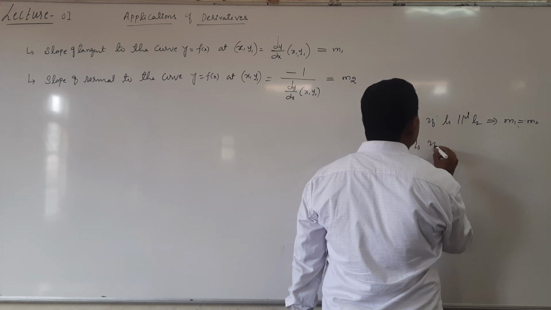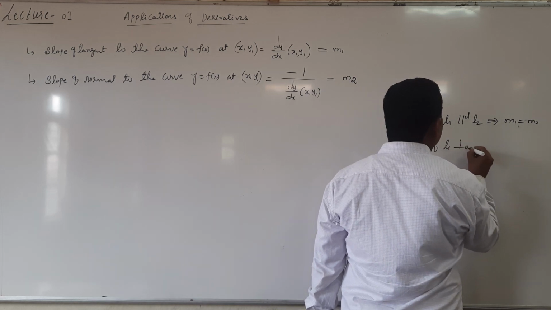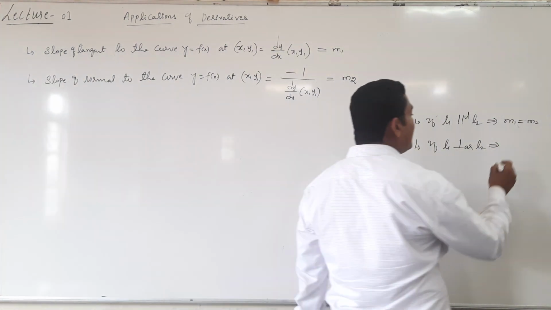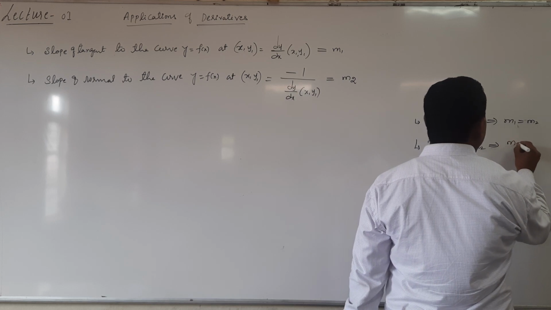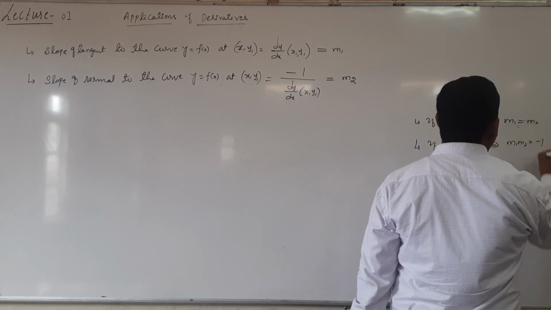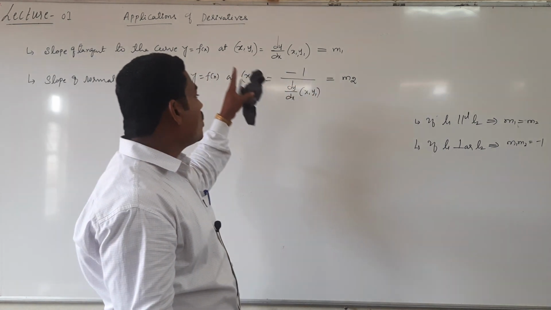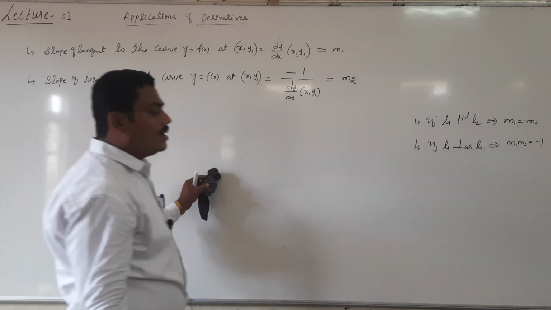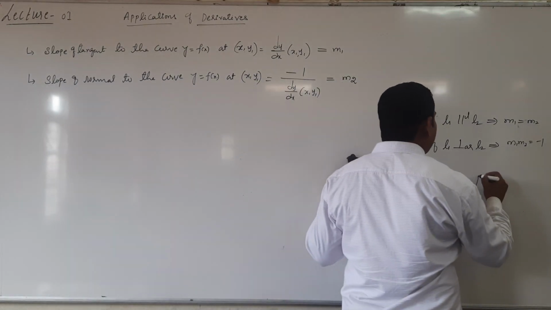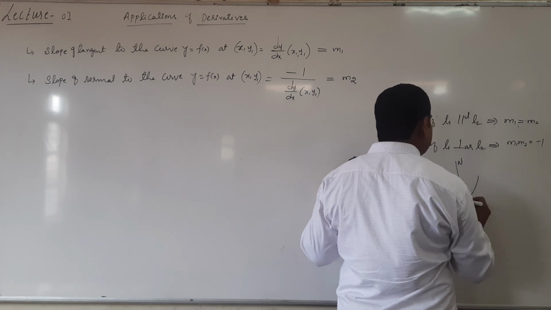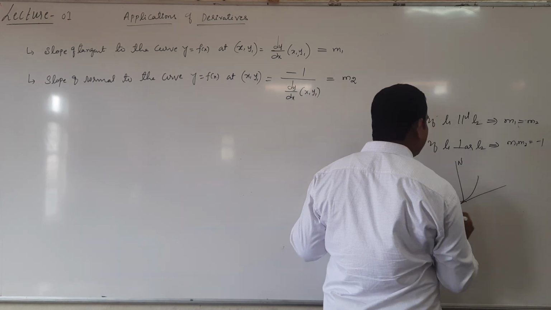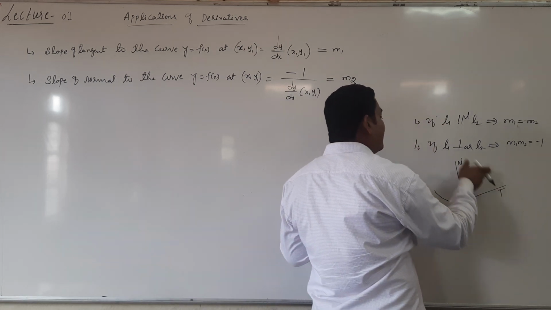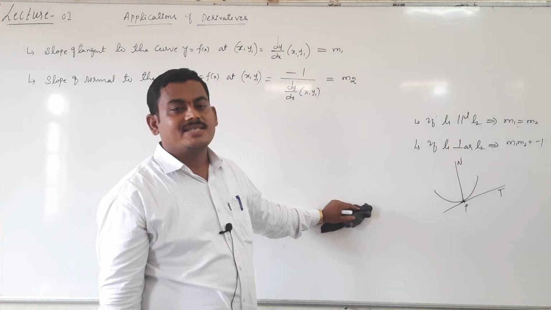One more point: if L1 is perpendicular to L2, if two lines are perpendicular, then the product of slopes is equal to minus 1. m1 into m2 is equal to minus 1. Similarly, slope of the tangent into slope of the normal is equal to minus 1. Already you know tangent and normal lines are always perpendicular. This is the normal line and this is the tangent line, at point P, this is T. Slope of tangent into slope of normal is always minus 1.